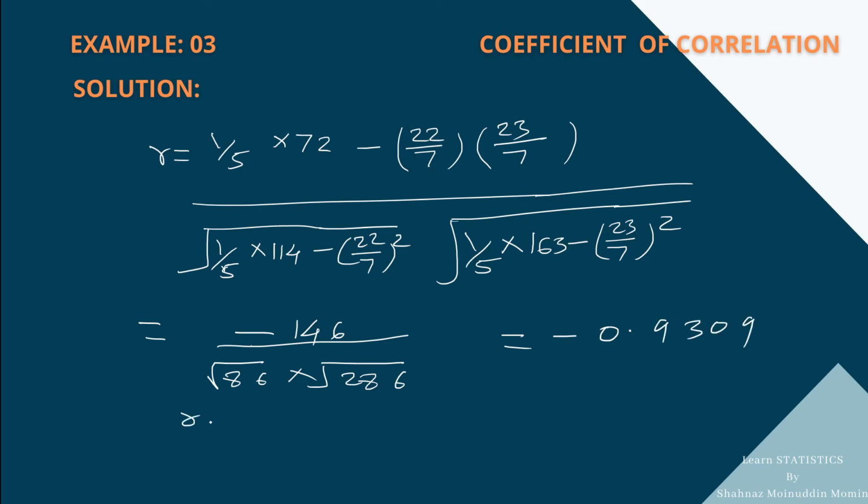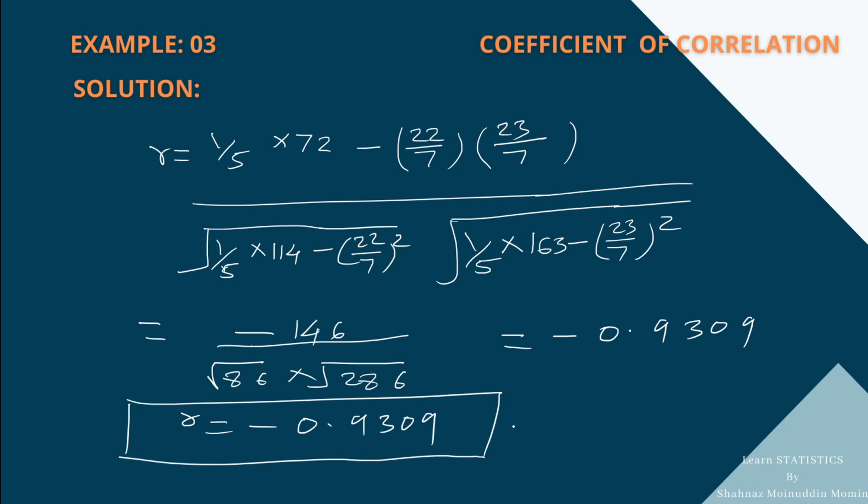Therefore, R is equal to minus 0.9309. It indicates there is a high negative correlation between price x and demand y.